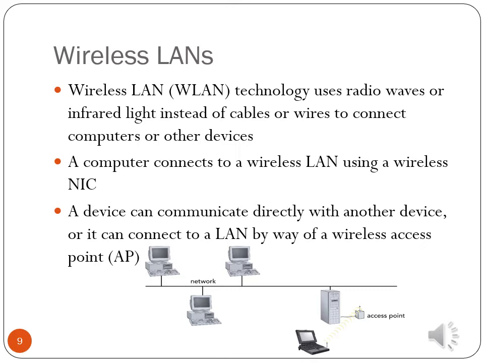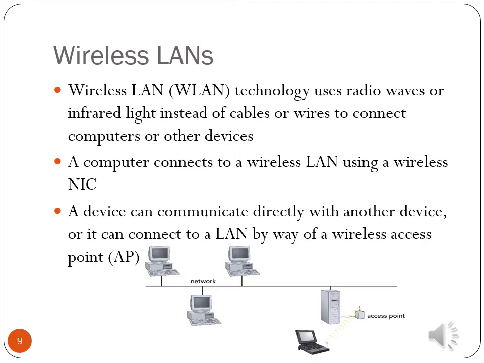Many laptops today, and I mentioned this a couple of chapters ago, have two network interface cards in them. One for a wired network, one for a wireless network. That way the computer can work with either type of network.